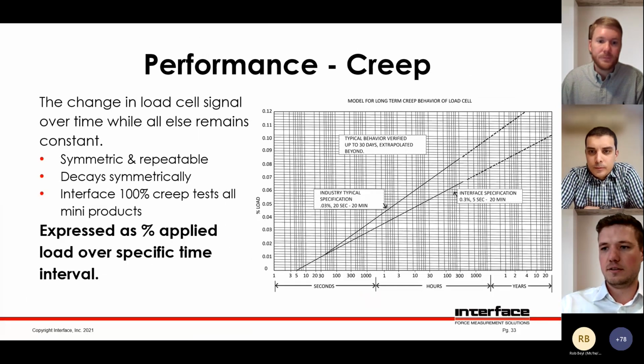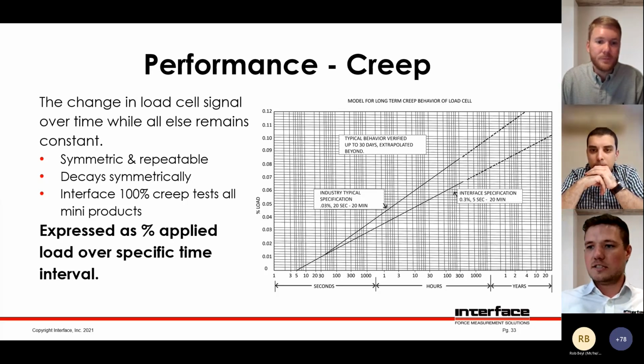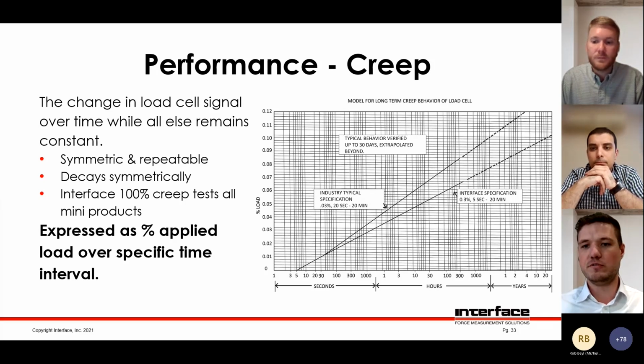Next slide. So I think lastly on this topic is creep. Creep is defined as a change in output over time. So if you load your 100 Newton load cell to 100 Newtons and your indicator says 100 Newtons, as long as the temperature and the load stays the same, you come back in an hour's time and it reads 101 Newtons, that's probably creep.